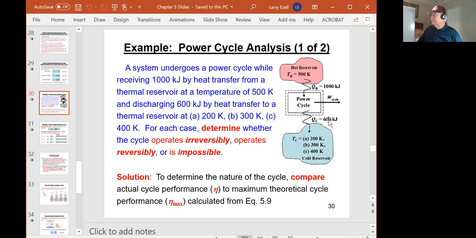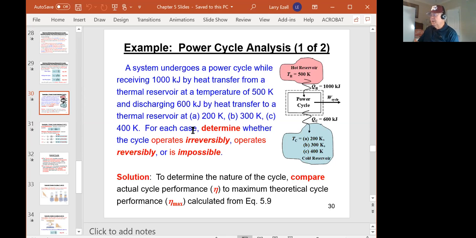But first we need to see, let's see. All right, let's read here. Thermal energy discharged in 600 kilojoules. Okay, I mentioned that. Transfer to a thermal reservoir at different temperatures of the low temperature reservoir: 200K, 300K, and 400K.